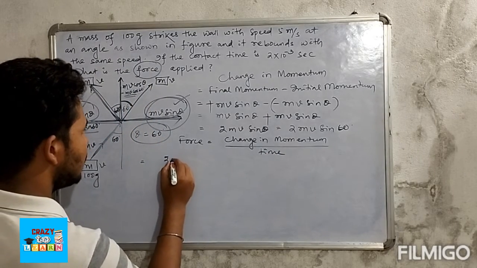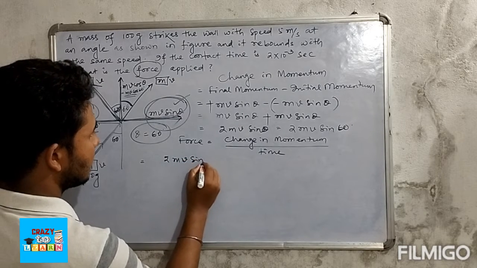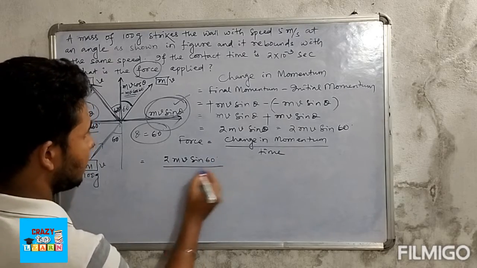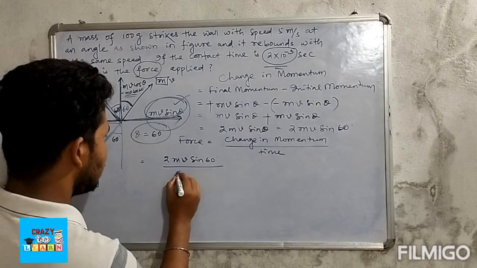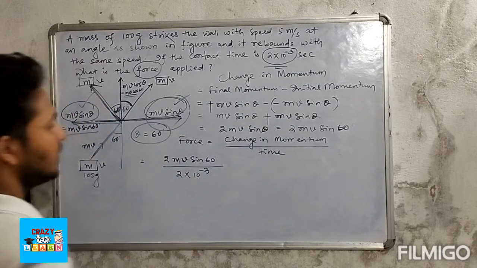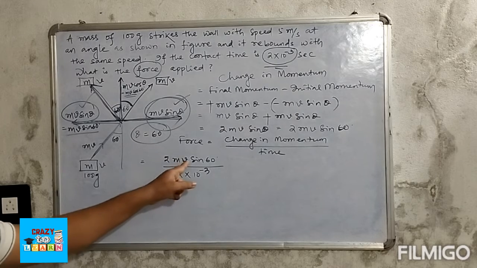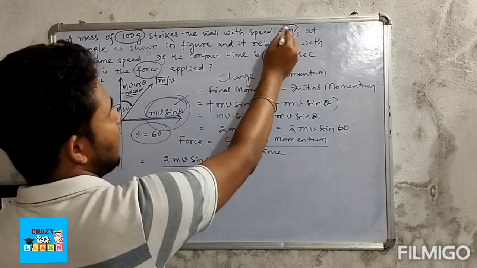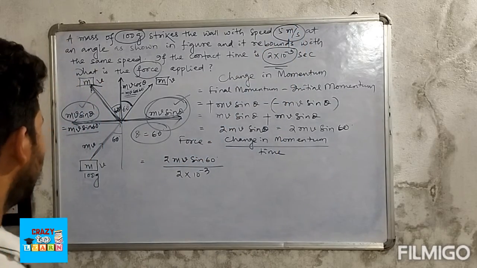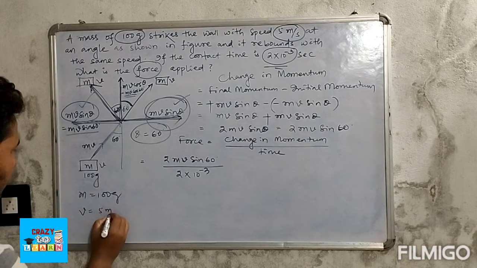The change in momentum is 2mv sin 60, divided by the time, which is 2 into 10 to the power minus 3. Put the value of mass and velocity. Mass is given to you as 100 gram and the velocity is 5 meter per second.